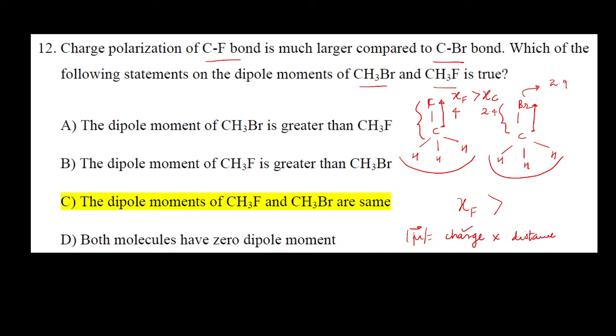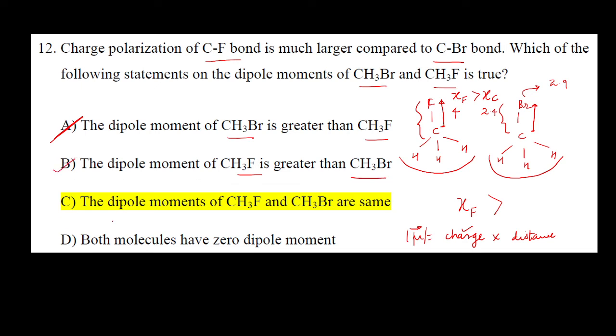Although with the help of the first factor we can already eliminate some options. If I only consider the charge factor, the dipole moment of CF would be greater than that of CBr. The first option says the dipole moment of CH3Br is greater than CH3F. That's an incorrect statement. The second statement says the dipole moment of CH3F is greater than CH3Br, which can be the correct answer.